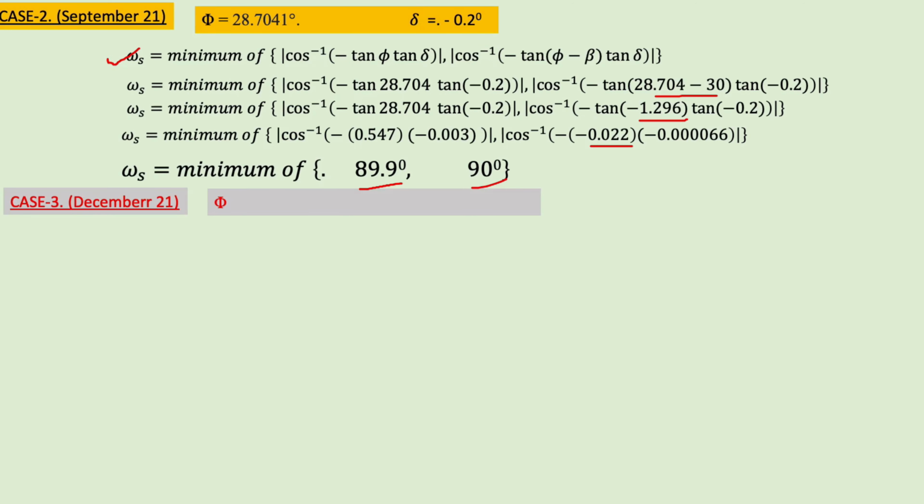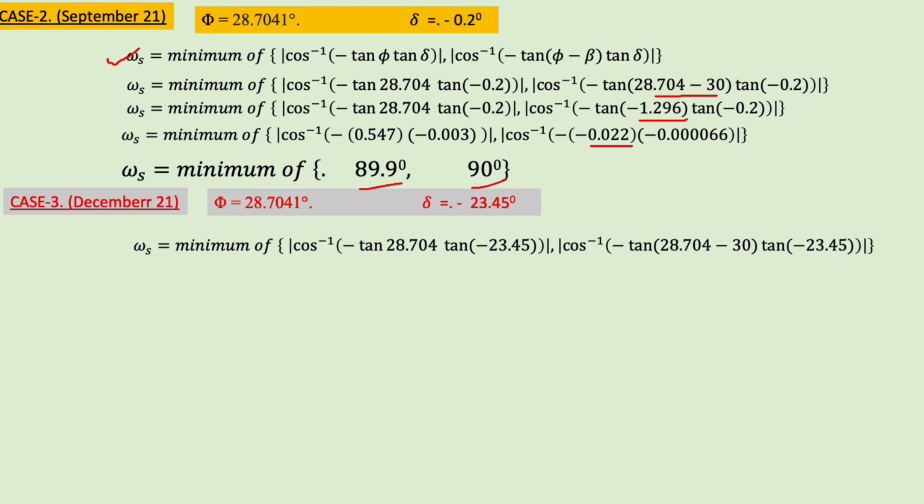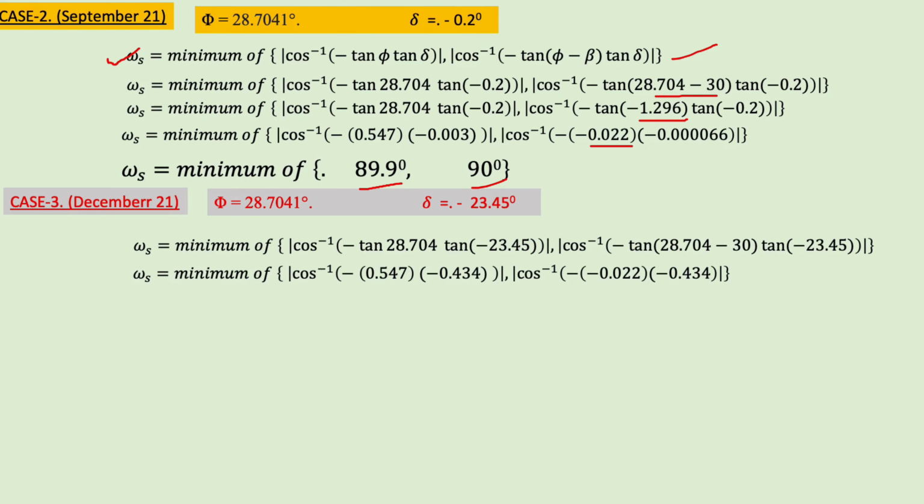If we take the next case, that is December 21, on that particular day the sun is on the Tropic of Capricorn, because delta is minus 23.45 degree. If you place the values in this equation, the phi, delta and phi minus beta, and we resolve it further, we are going to have these values.